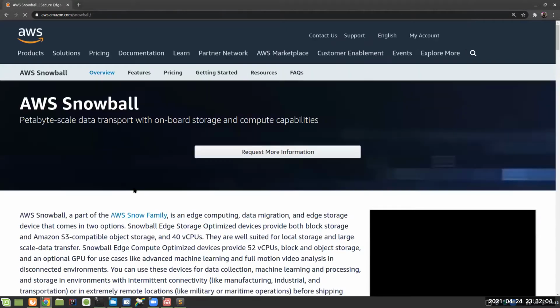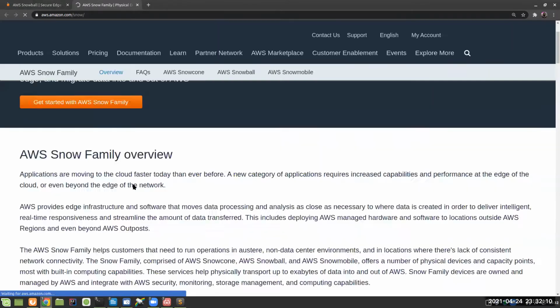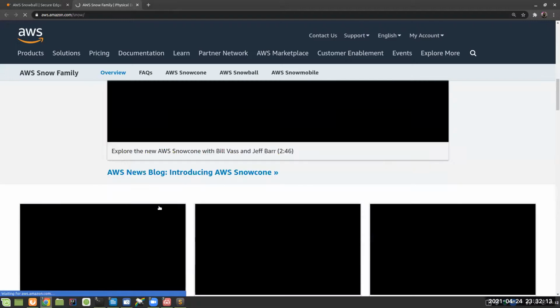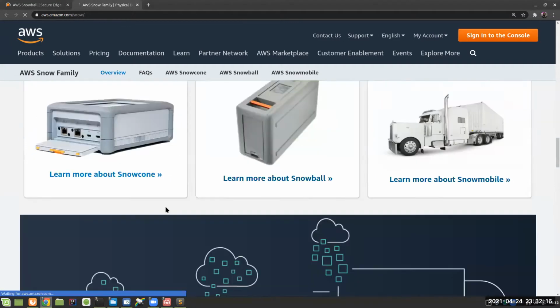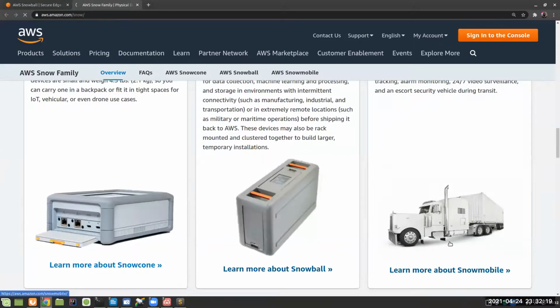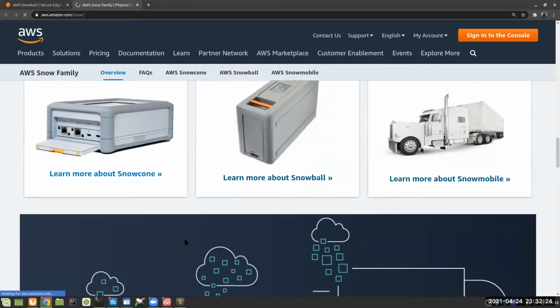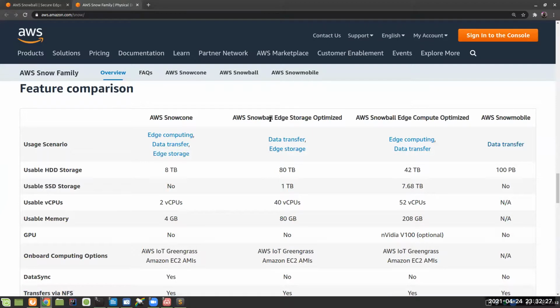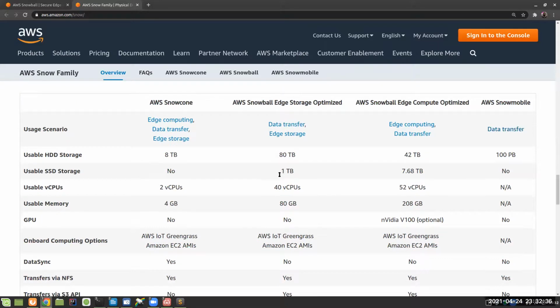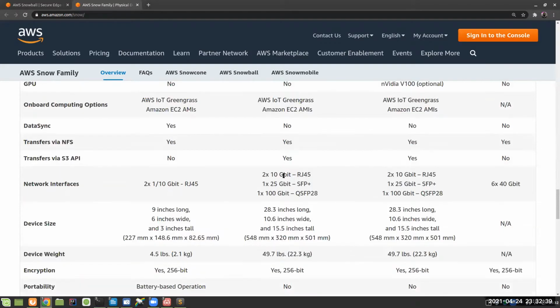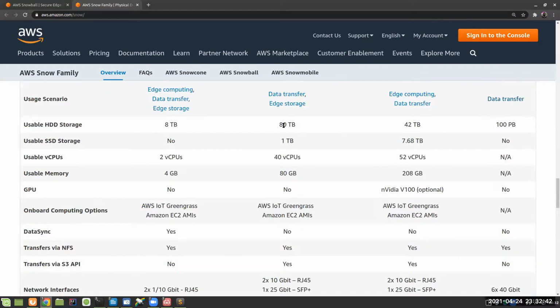It's another way to move data into AWS. This is Snowmobile that we did talk about. This is Snowball. And the Snowball Edge has compute functionality. There is AWS Snowball Edge storage optimized, and there is compute optimized. So these are the different scenarios. They are also used for moving data, and they can move different set amounts of data.